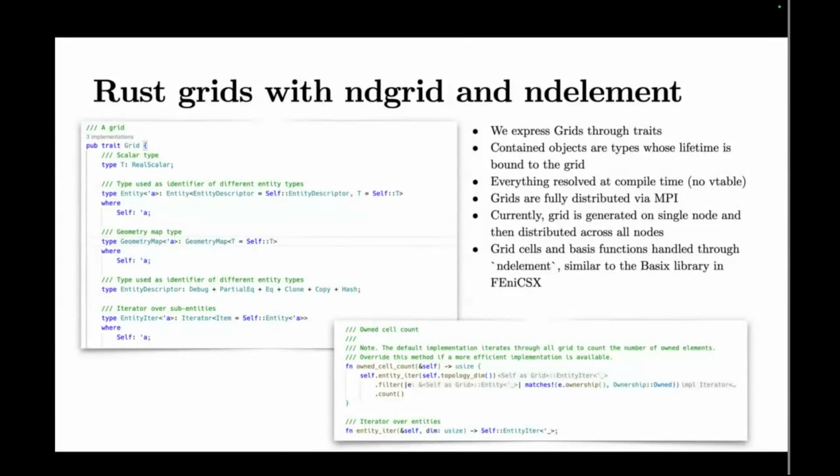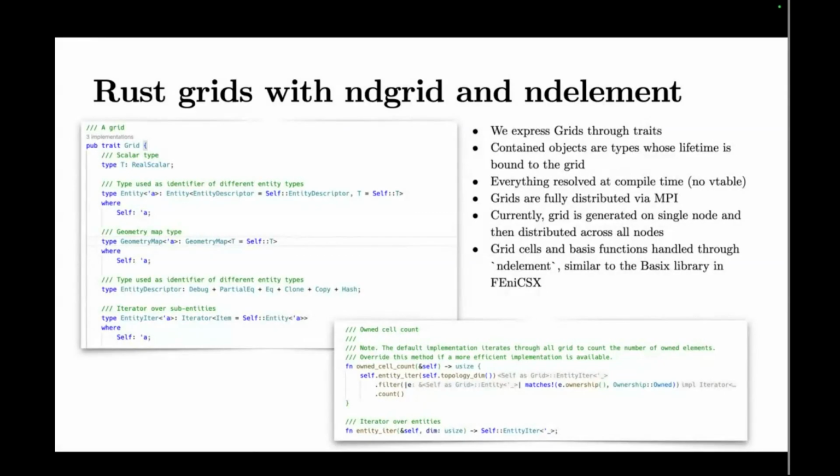Explicit lifetime annotations are something very specific to Rust. What they allow you is to explicitly talk about lifetime relationships of objects. So for example, this type Entity has a lifetime which is called A. And then at the end, we have this funny thing, Self colon prime A.